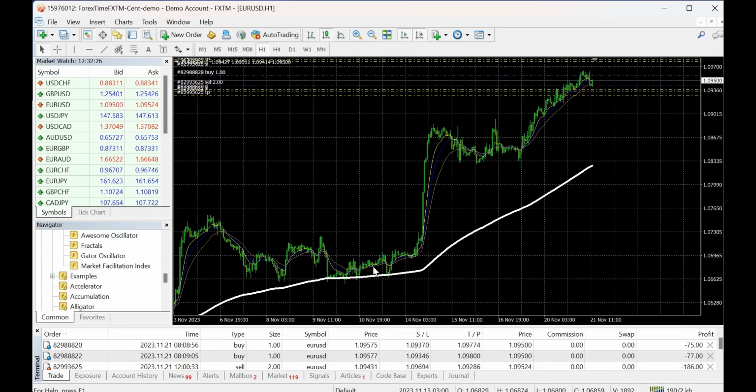So this still gives me some confidence that, okay, I'm still in buy, whether it's a bullish trend or a bearish trend. Even though this is still a bullish trend, I can still make some sell trades.